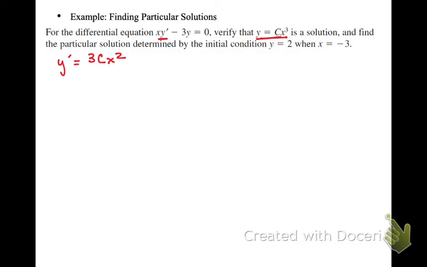Okay, so we also need to figure out what c is, don't we? If I have a y and I have an x, can I plug it into this equation and find c? Yeah. Okay, so I'm going to plug it in. So that means 2 equals c times negative 3 cubed.